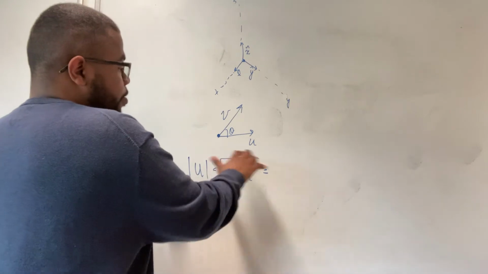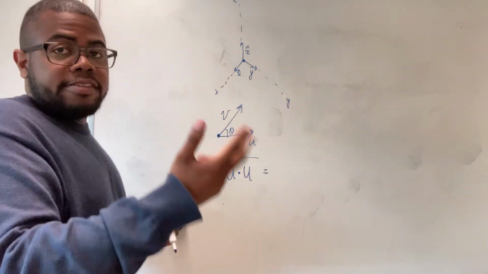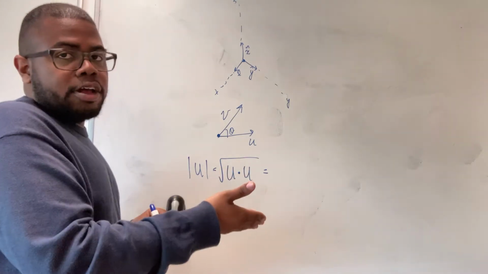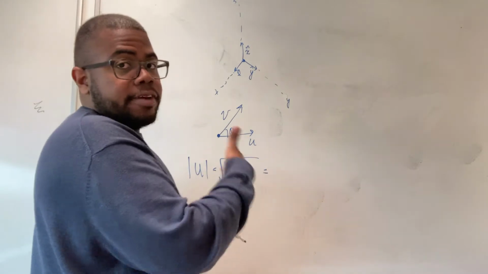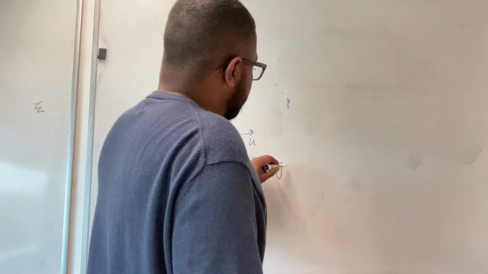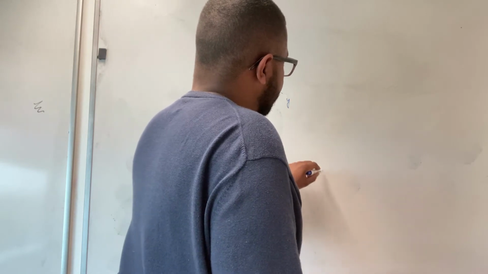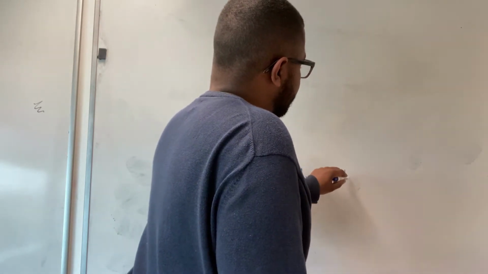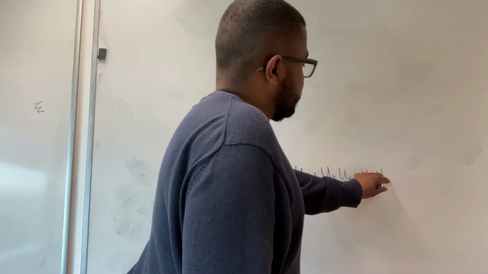What is within the square root if we were to express that fully? If we use the second way of noting the dot product, the component times itself and the sum of that, it would be ux times ux plus uy times uy plus uz times uz.